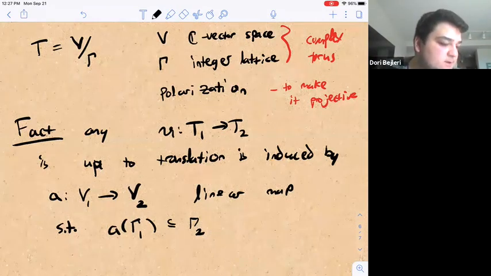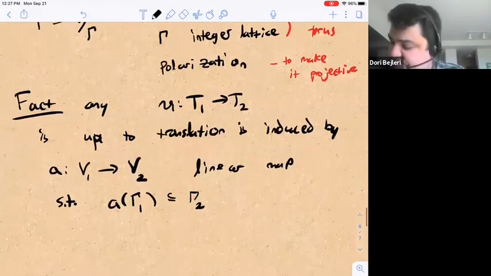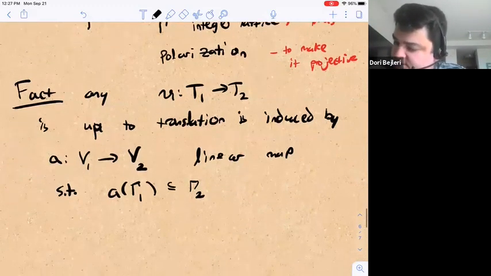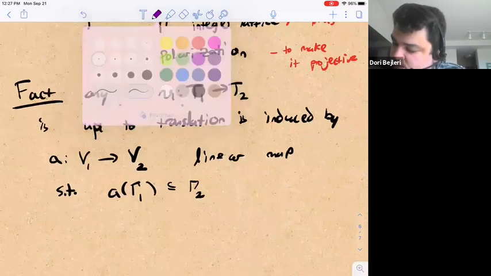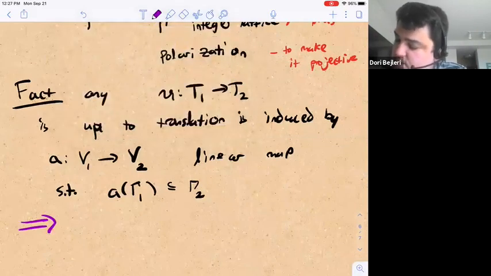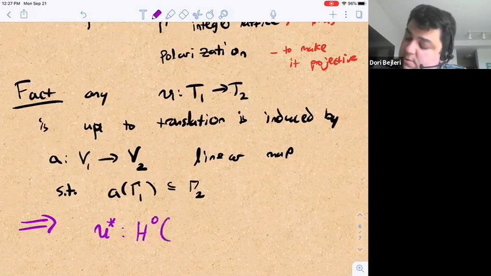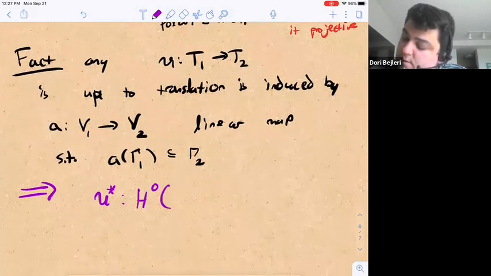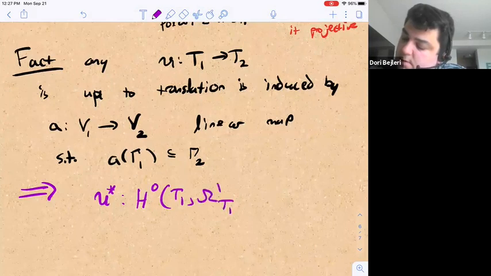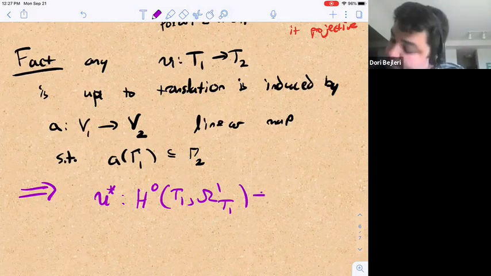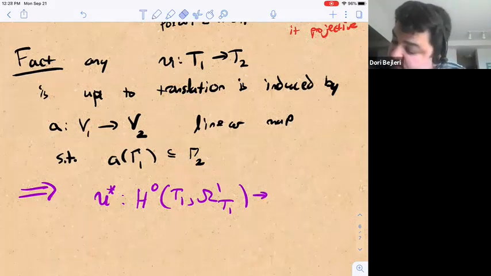So maybe the other thing I should say then is that this fact implies that if we look at the pullback under this U of differentials, sorry, I should write T2 here.